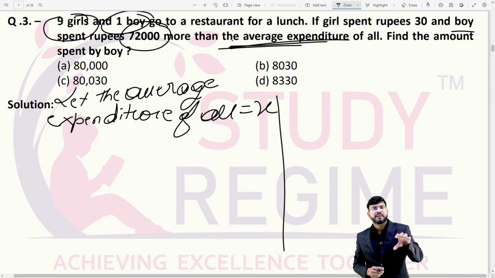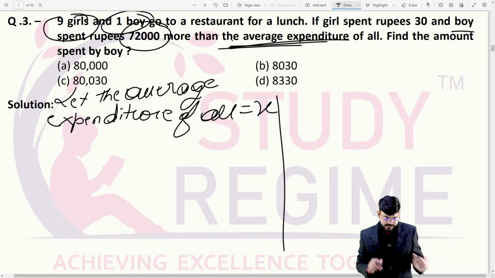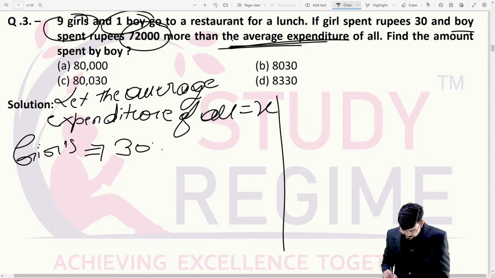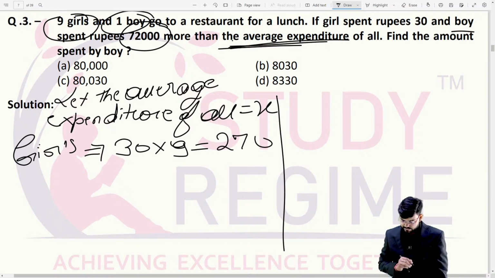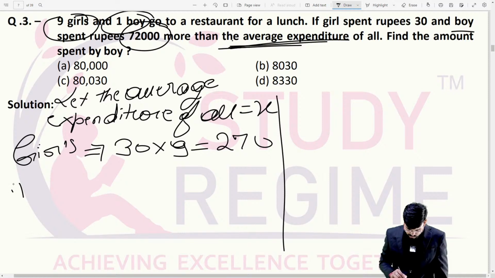Let the average expenditure of all, that means 9 girls and 1 boy, become X. Now according to the question, since there are 9 girls, how much money will they spend? 30 into 9, it will become 270. Now what about the boy?